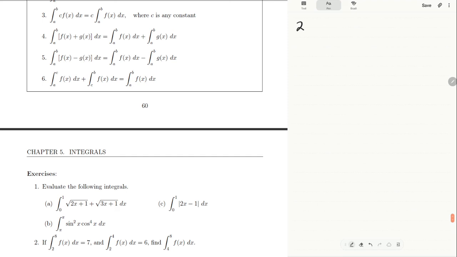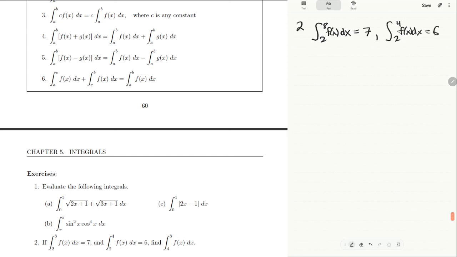Now in example 2, what we're given is that the integral from 2 to 8 of f of x dx is equal to 7, and the integral from 2 to 4 of f of x dx is equal to 6.